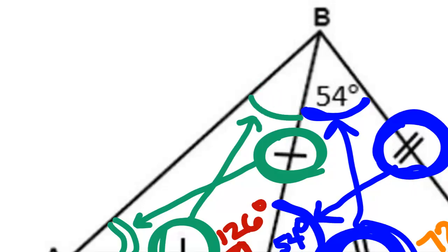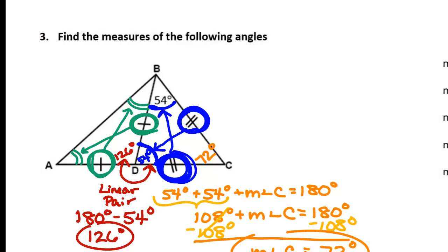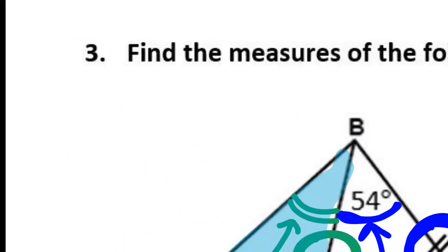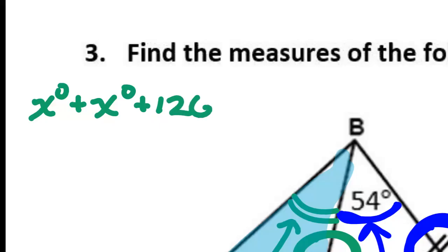Congruent means what? Yes, equivalent means same size. So these two are the same size. I don't know how big either one is, but I know they're the same size. And I know the three angles in that triangle add up to how much? 180. So since I don't know how big those other two angles are, but I do know they're the same, I can use x to represent those angles. So I would have x plus x plus 126 equals 180.